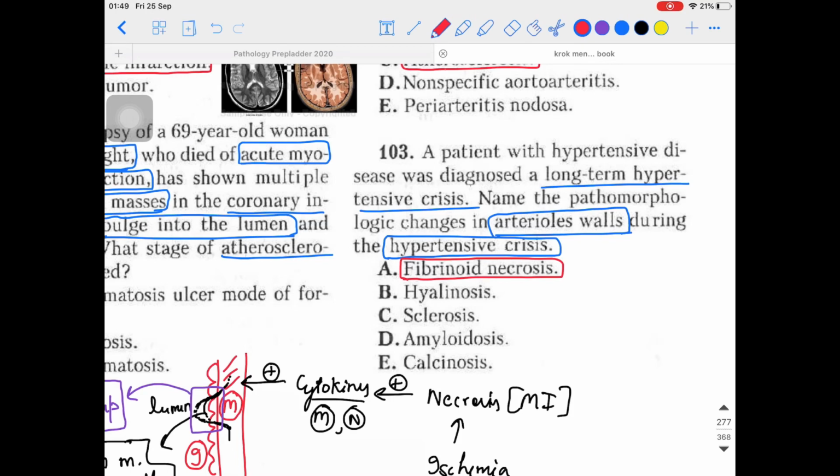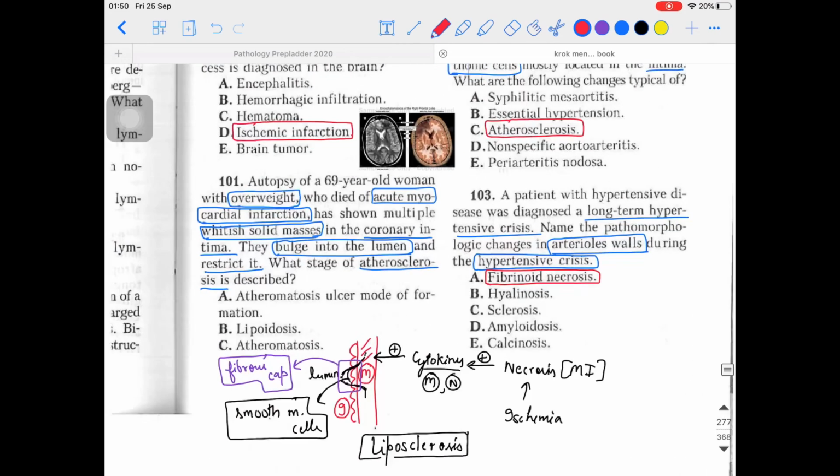So whenever they ask about blood vessels and want to know which kind of necrosis there will be, that will be fibrinoid necrosis, because immune complex deposition will be seen in the walls of the blood vessels along with the formation of fibrin. Okay, so that's why fibrinoid necrosis. I hope you got this point.